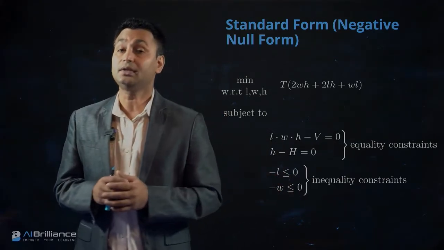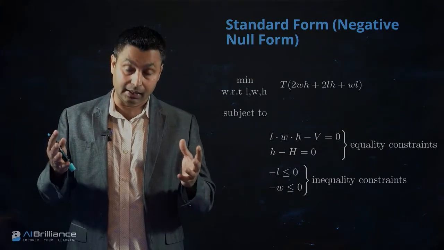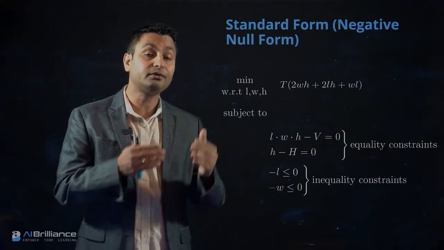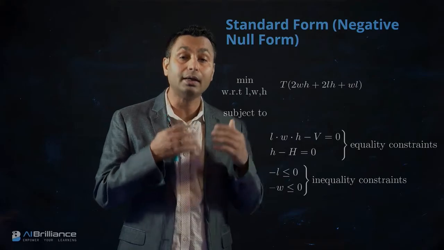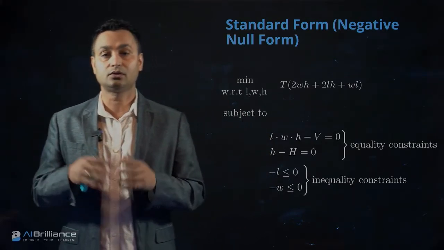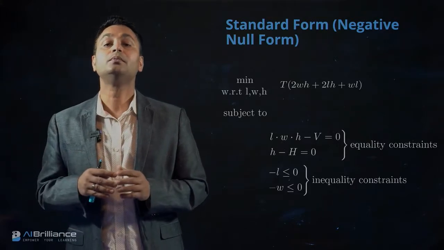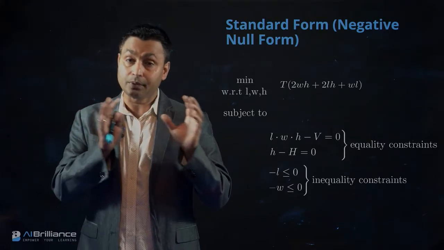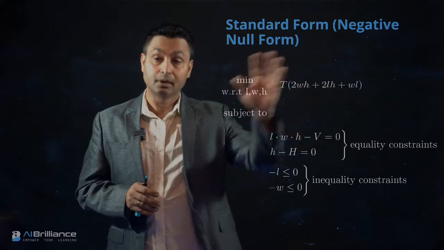It turns out those functions take the input of the objective function only in negative null form. Most of the functions in the software and code assume that you will provide the optimization problem in the negative null form.